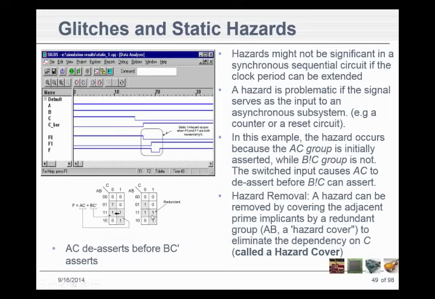A and B. It's not the simplest. Simple word, I just lost it. It's not the simplest solution, but it could be hazard-free. It'll keep that from happening.